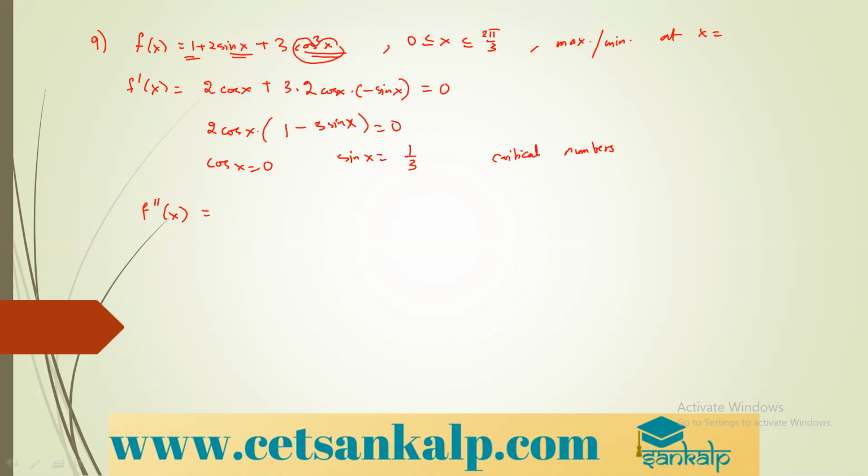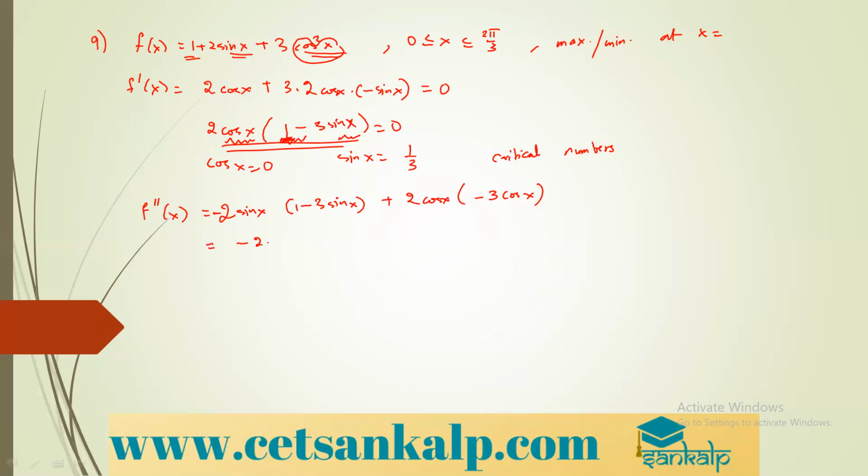To find the second derivative, you can take this product. 2 is a constant. Derivative of cos x is minus sin x, and you'll write 1 minus 3 sin x the same. Then plus 2 cos x the same. Derivative of 1 is 0, minus 3 is a constant, derivative of sin x is cos x.